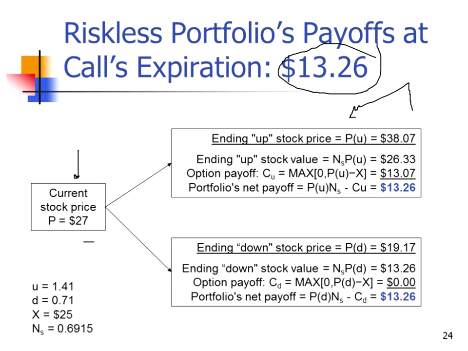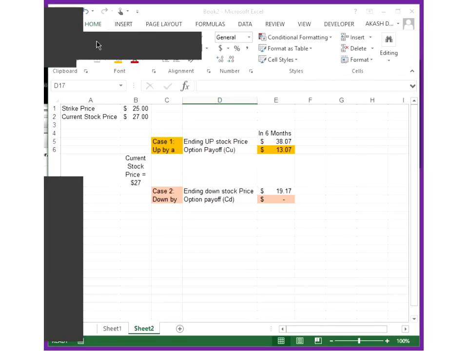The ending up stock price, which is the up factor applied, is $38.07, which we've already calculated. Ending up stock value is N multiplied with the price multiplied with the up factor. I can calculate that in the Excel worksheet.